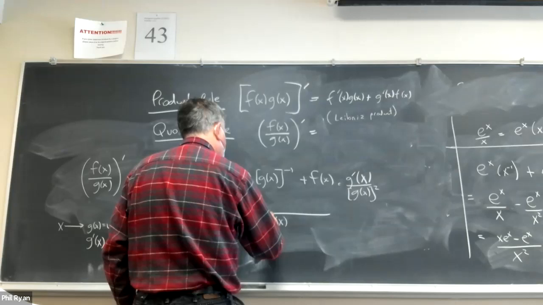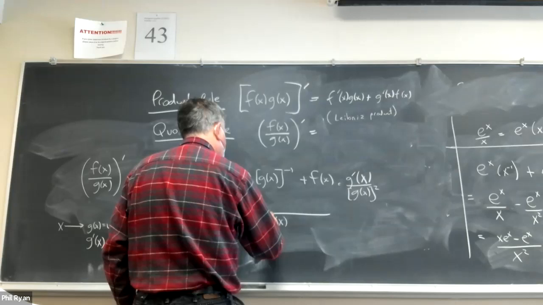So some people can remember that and use it all the time, and other people don't want to remember it and just use the product rule. So the quotient rule is just a tad faster if you know it, but there's a little rhyme, a little mnemonic to help you remember it. The main thing you've got to remember is, is it f prime g minus f g prime, or is it g prime f minus, you know?